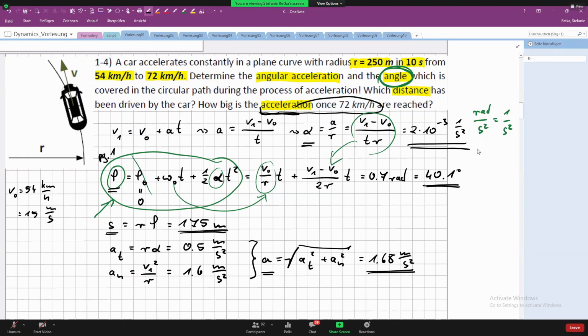The only thing I did not do was inserting the numbers, but they are all stated here. If you have problems inserting the numbers, I can write the numbers as well, but you have to use your calculator on your own. It's no more than that. We have the radius given. We have the angle here. We substitute it, multiply, and we obtain 175.